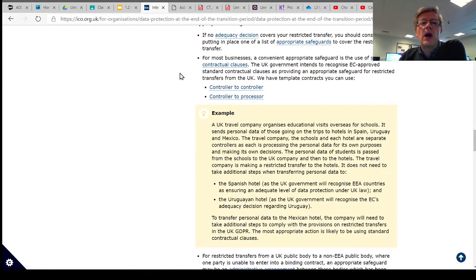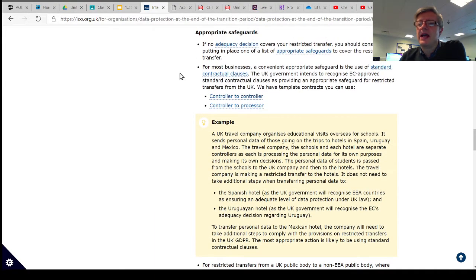And if there is no adequacy decision made, in other words, if America's rules change, or if we're dealing with a country outside of Europe, outside of the UK, and there isn't a general data protection regulation in that country, they don't have any laws that are as good as ours, or they don't have any laws at all, then there are certain safeguards that have to be put in place.